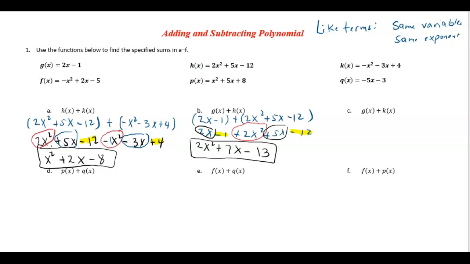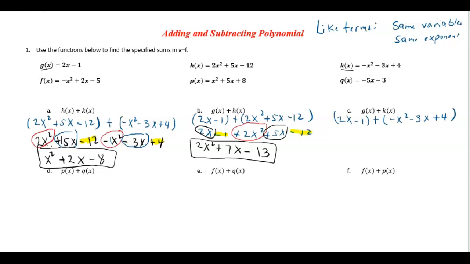Third one. So g of x, which is this one, plus k of x, which is that one. We're going to combine these two together. So g of x is 2x minus 1. Again, that's a binomial, 2x minus 1, plus k of x, which is negative x squared minus 3x plus 4, and that's the trinomial.